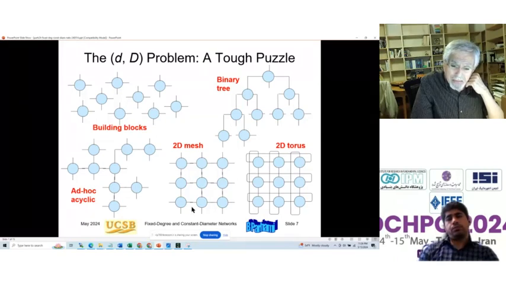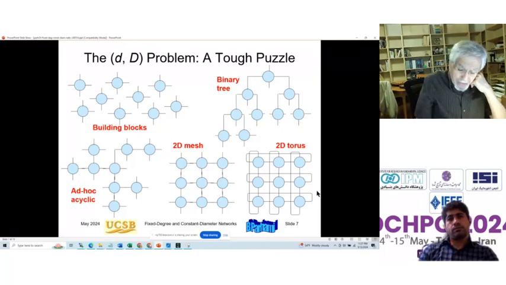I can interconnect them as a 2-dimensional mesh, shown here, bottom center of the slide, a 2-dimensional torus, bottom right of the slide, a binary tree, top right, or some ad hoc acyclic network. Now all of these architectures use the same degree 4 nodes, but they have different attributes, different parameters.